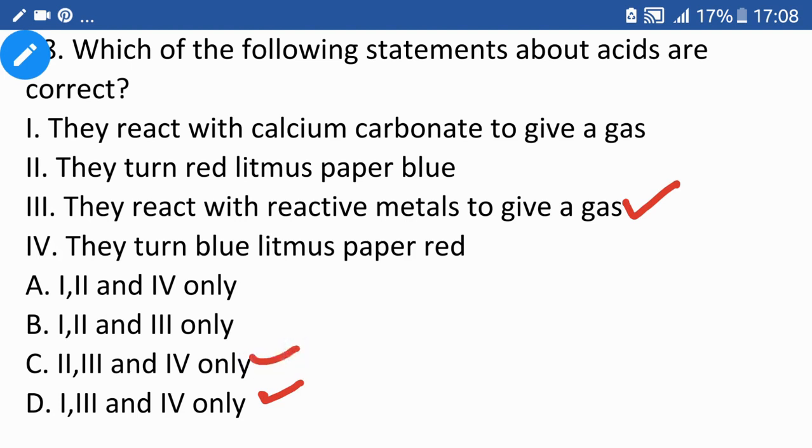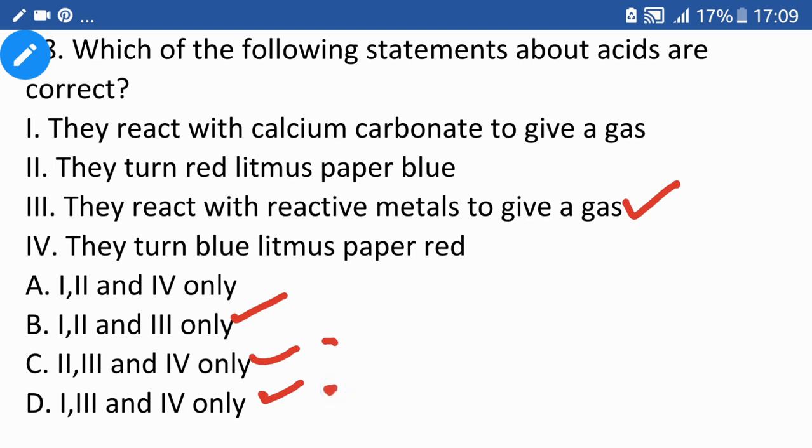Let's look at another one again. Acids turn blue litmus paper red. So we have iron as well. So our answer now boils down to C and then D.